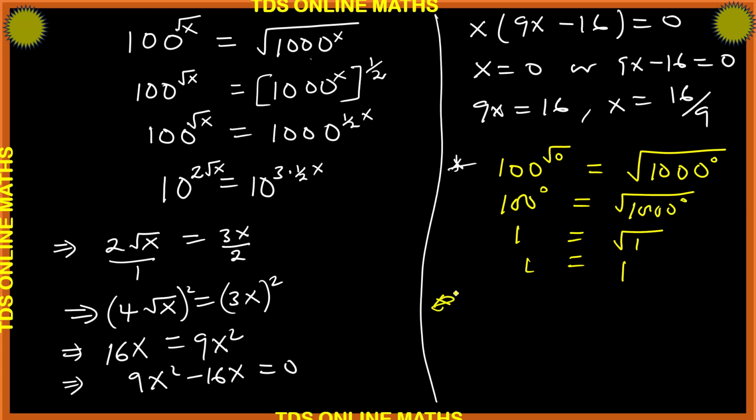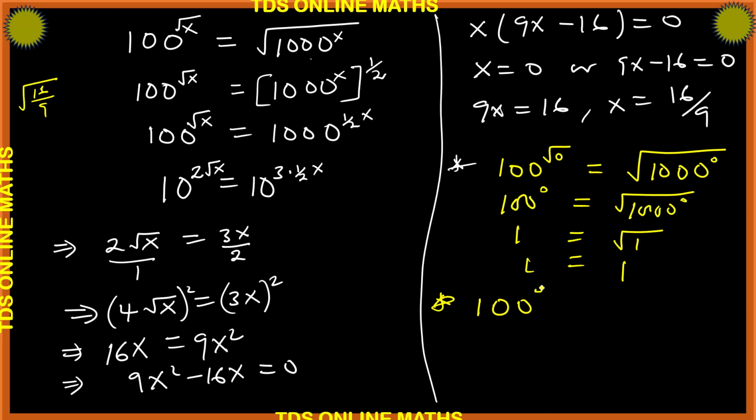Second, let's plug in 16 on 9. On this side, we have 100 to the power square root of 16 on 9, which will be 4 on 3.